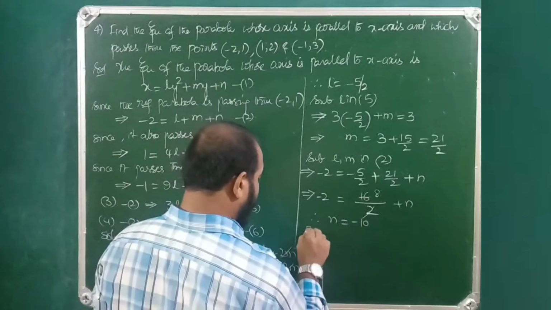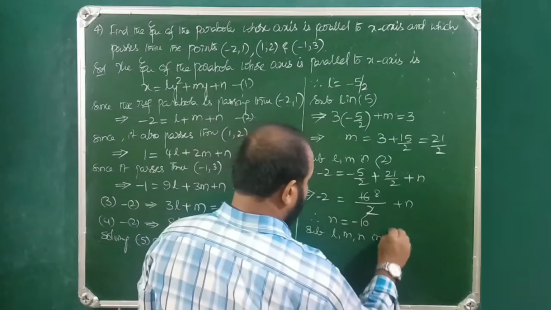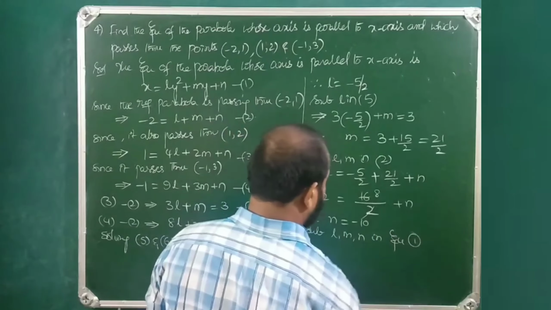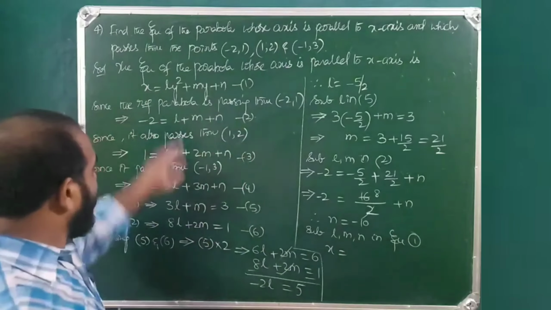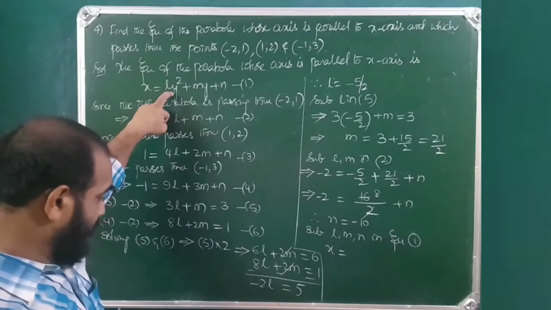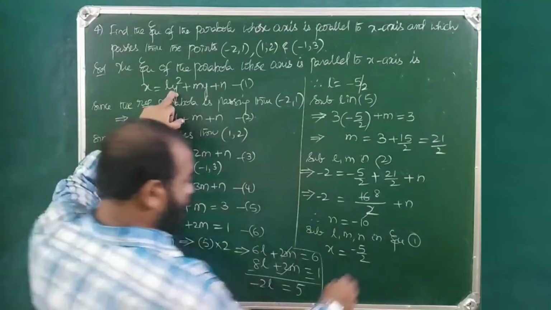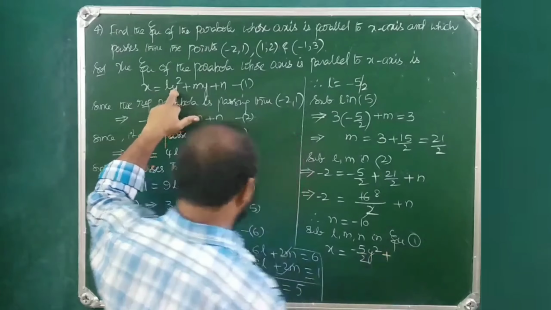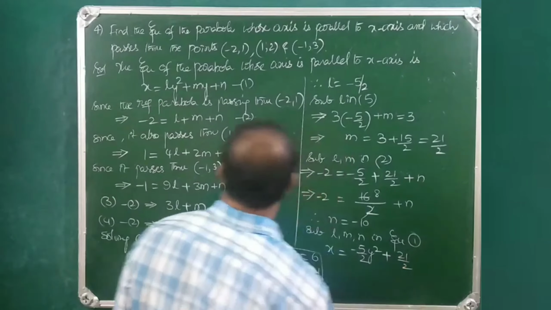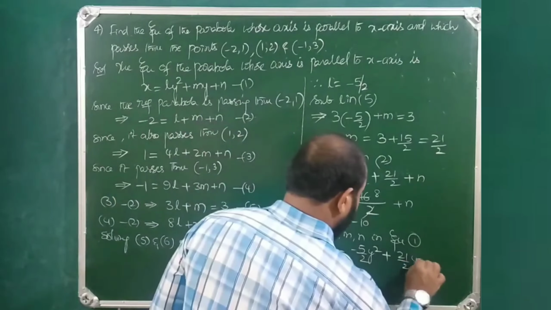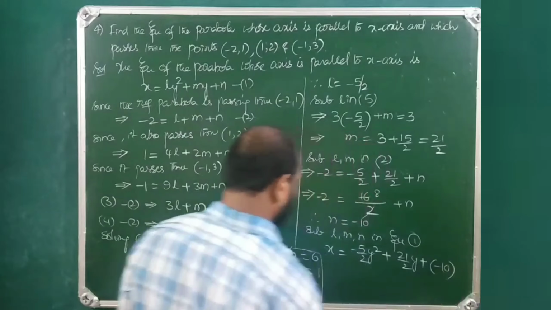Therefore, substituting L comma M, N in equation 1. So x is equal to L y square. L value is minus 5 by 2 y square plus M is equal to 21 by 2 y plus N value is minus 10.